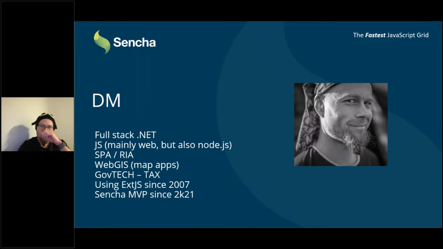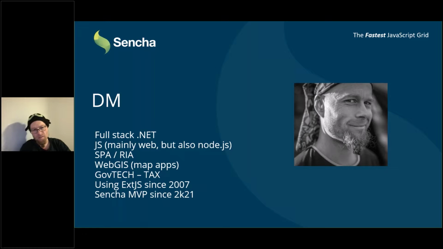Okay, so a couple of words about myself. I'm a .NET dev basically, but I did some UIs as well. I started with Ext JS ages ago, and I mostly specialized in WebGIS up to now.